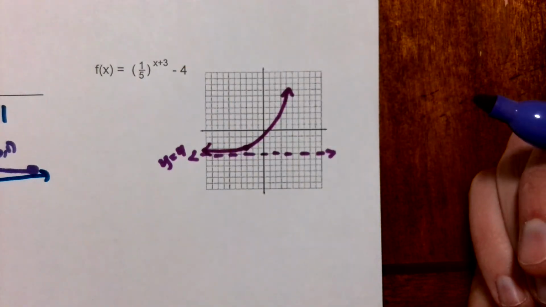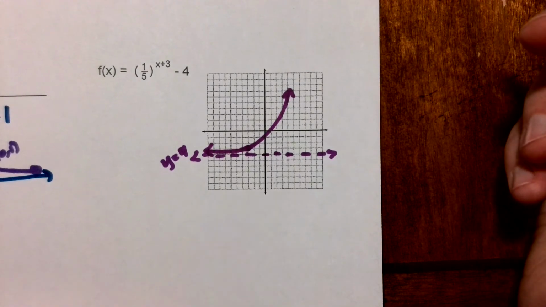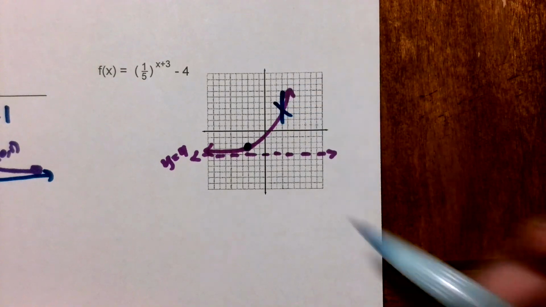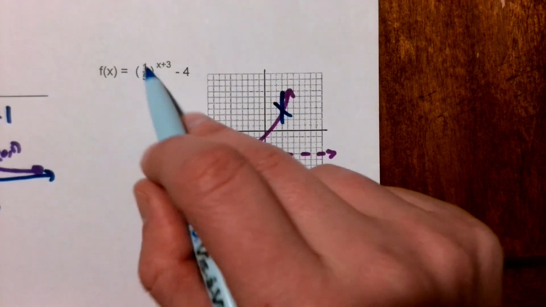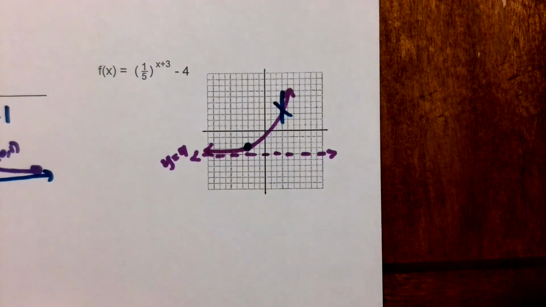Oh, whoops. Hopefully you guys caught me as I did that. I just went for it once I had my point. This one is not growth. Make sure we're looking at, we just talked about it, our base to decide whether we're looking at growth or decay.